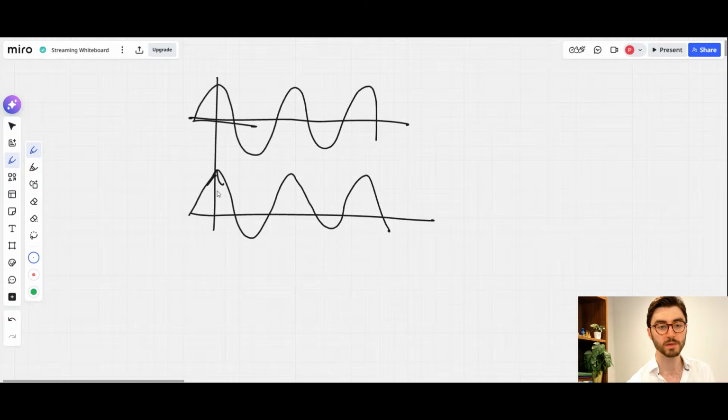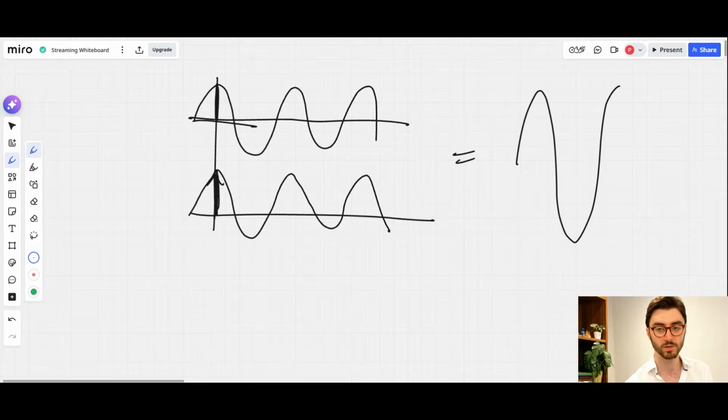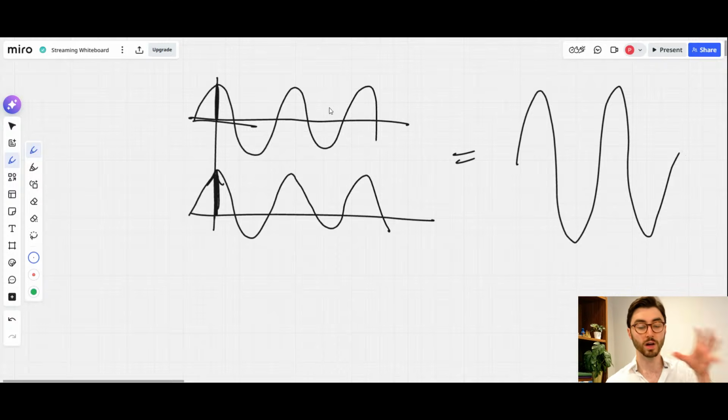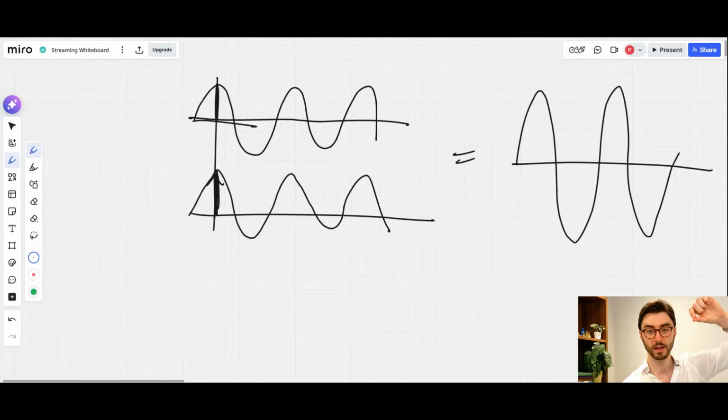So this displacement here plus this displacement here will give you the total displacement, which is twice as big. So that's what happens when two waves meet at a point. You get the first displacement, you get the second displacement, you add them together, and that gives you the new displacement at that point.